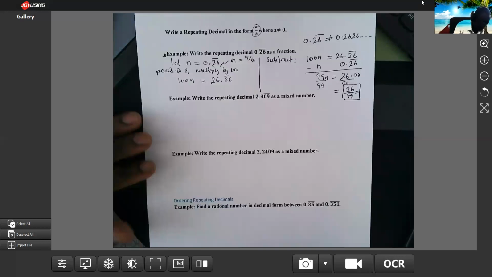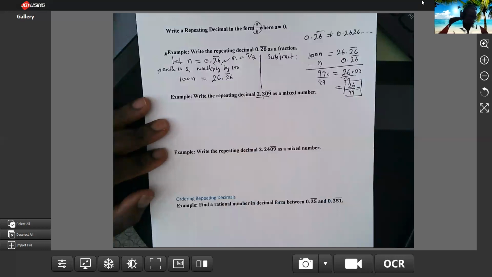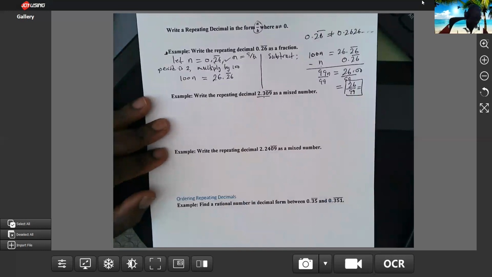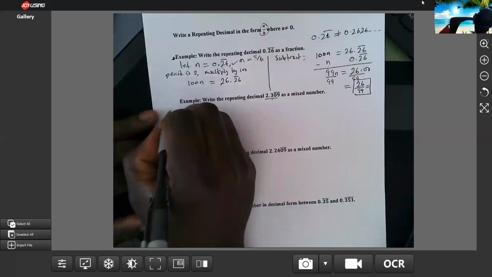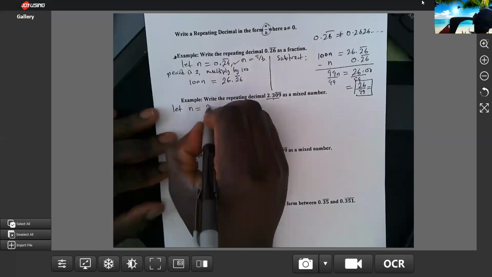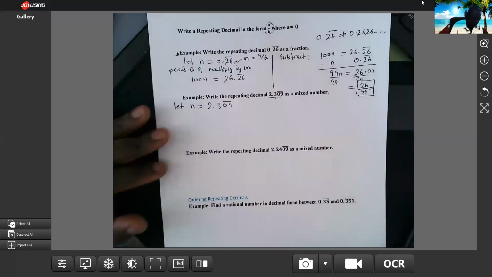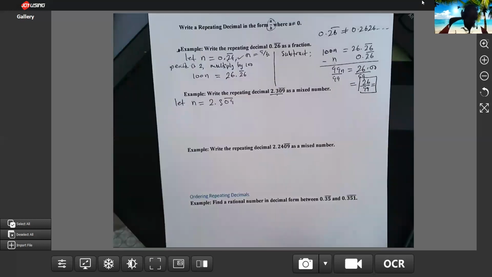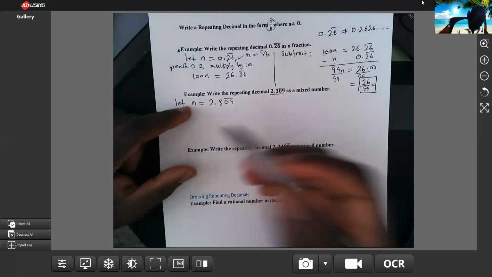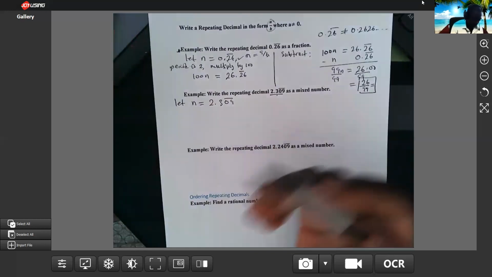Now, in this example, notice that there's a digit 3 before the repeating part. So this is how we approach it. You let the rational number n equal the original, 2.309 repeating. Before you subtract, you have to multiply by something.